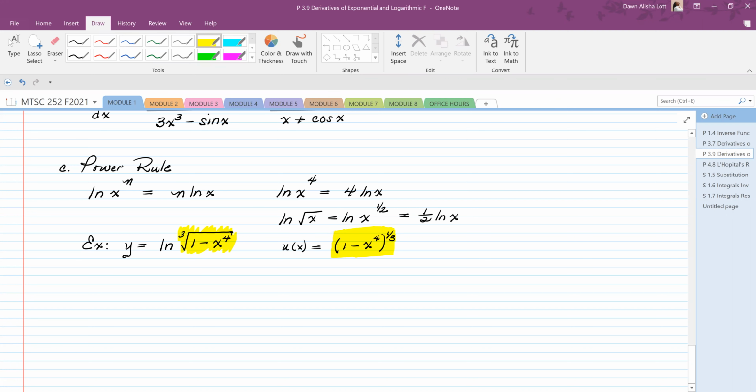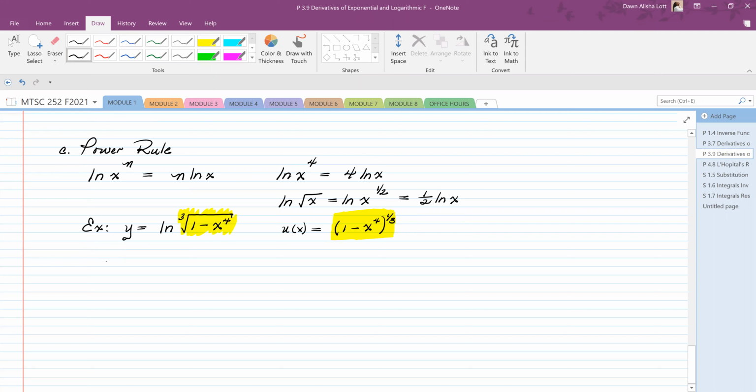If I want to find the derivative of y with respect to x, I'm not going to take the derivative of it looking like that. The first thing I'm going to do is simplify y. So y right now is equal to the natural log of 1 minus x to the 4th to the 1/3 power.